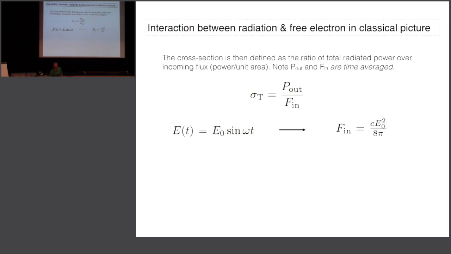Now, in the classical sense, we know the total flux in an electromagnetic wave, in a time average sense. If we describe the electric component of the wave by E naught times sine omega t, then the total flux is given by this expression, which is in standard E&M books.